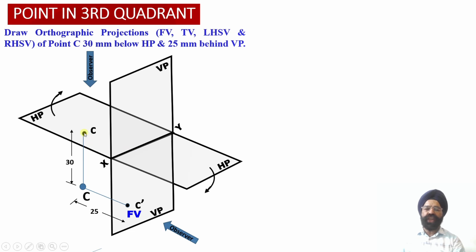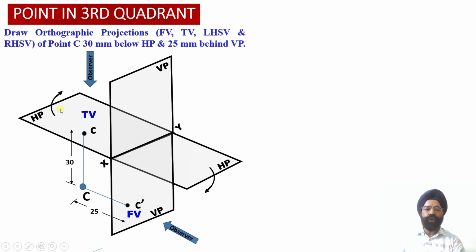So now we can check this point C, which is the top view projection, and this point C dash, which is the front view projection. Both of these projections lie in mutually perpendicular planes over here, but we have to draw the orthographic projections onto the same two-dimensional plane.